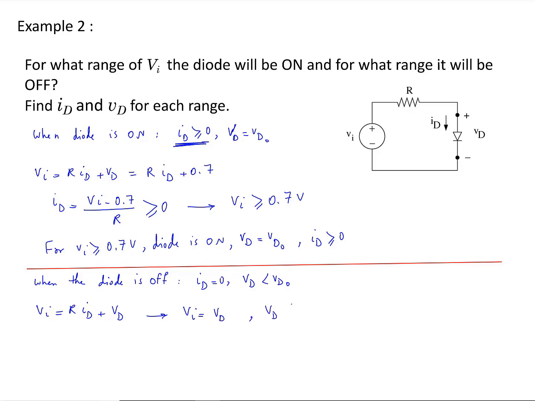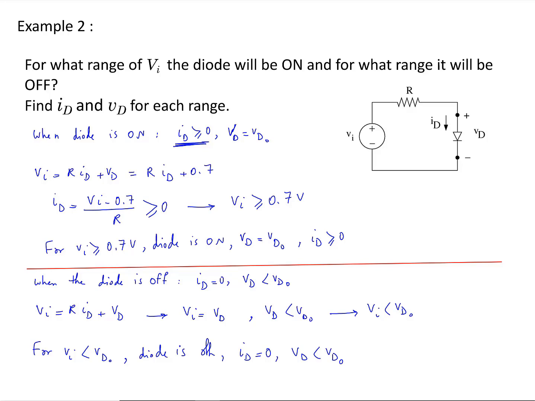Because I want VD to be less than VD0, in other words, voltage across the diode is less than VD0 when the diode is off, I know that VI must be less than VD0 for the diode to be off. So for VI less than VD0, the diode is off, and ID is equal to 0 and VD is less than VD0.